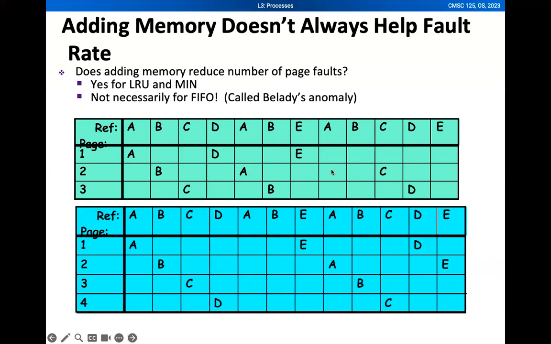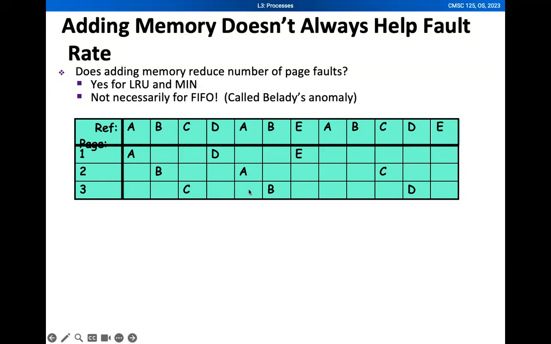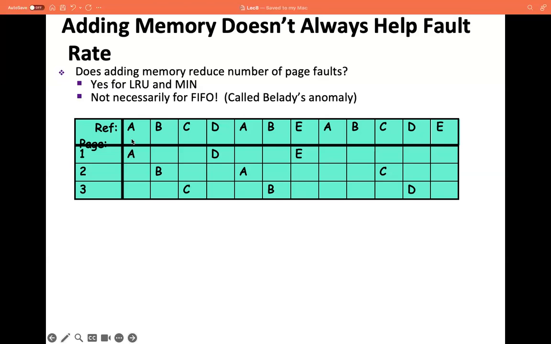Okay, so can we possibly improve this? We can see that we have 1, 2, 3, 4, 5, 6, 7, 8, and then 9 page faults. 9 page faults. So can we still possibly improve this by adding more memory?